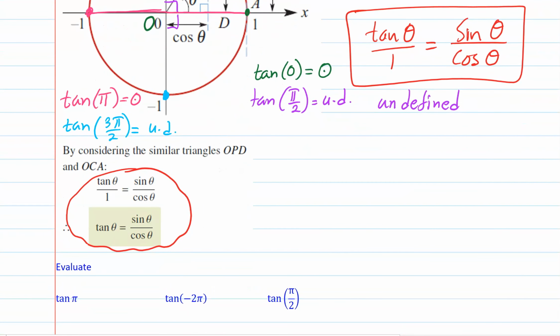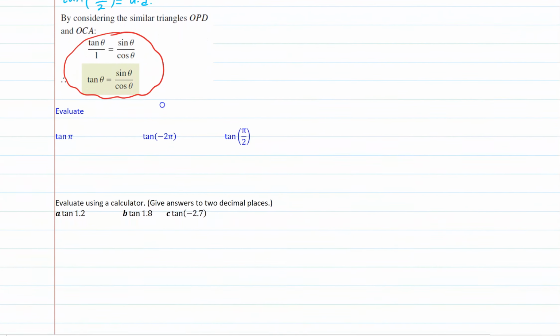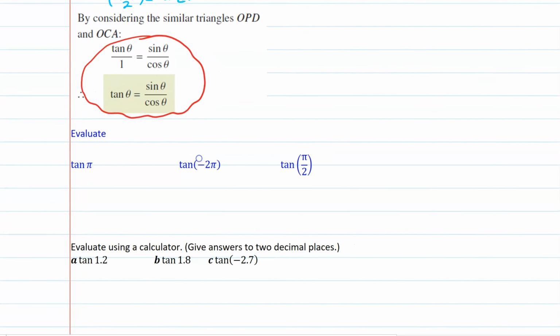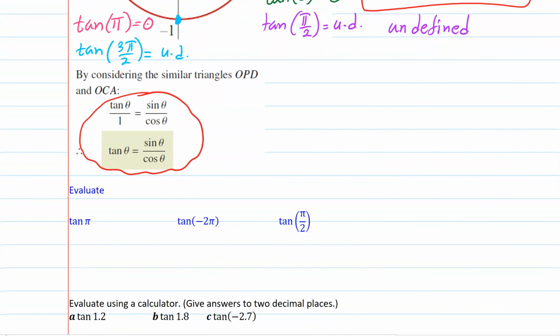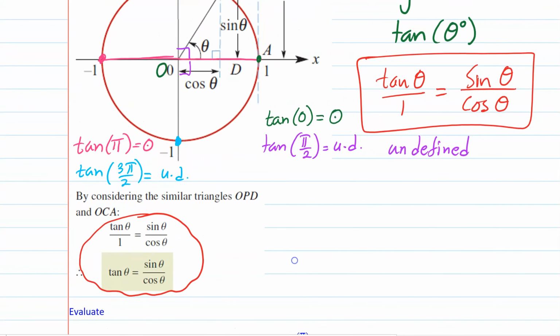Right, we had a look through that. Let's calculate these ones quickly. Tan pi, well, we actually looked at that, didn't we? So that's 0. Tan negative 2 pi, you're going to go a full revolution but clockwise. Remember, this way now.